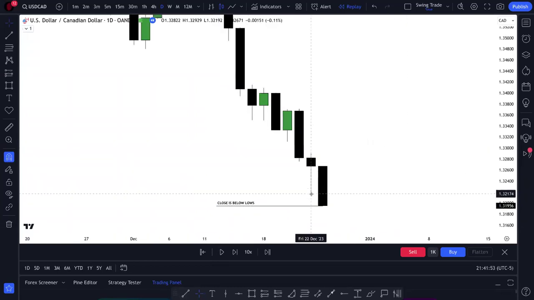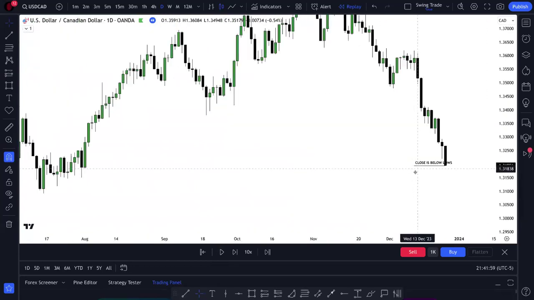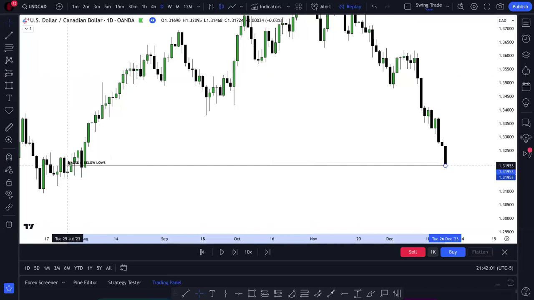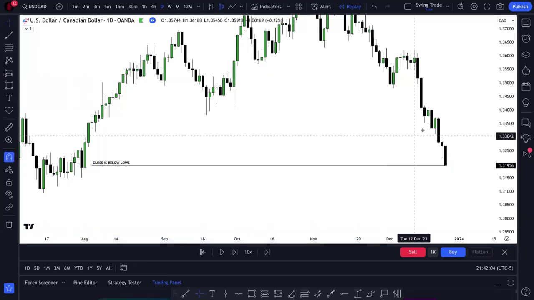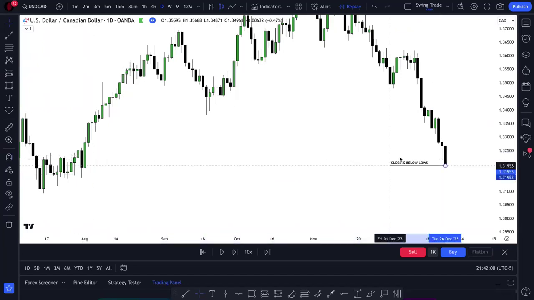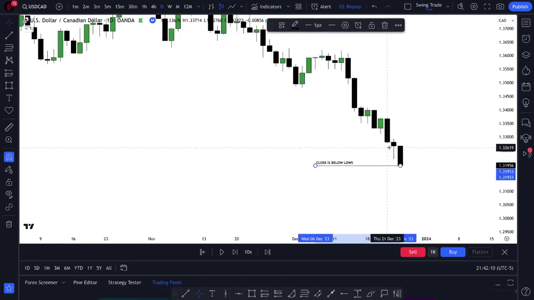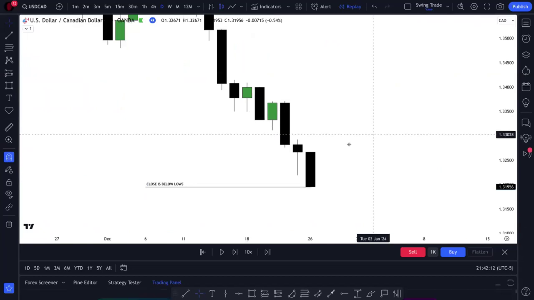So it's not just this low here. It's below this low, this low, this low, anything below it. So if we were to draw this to the left side, this candle's close is way below a lot of lows.